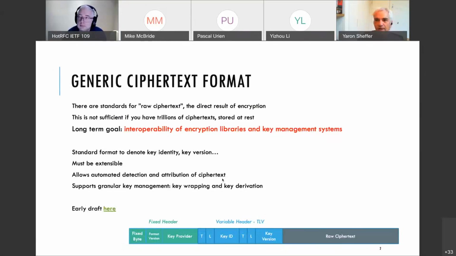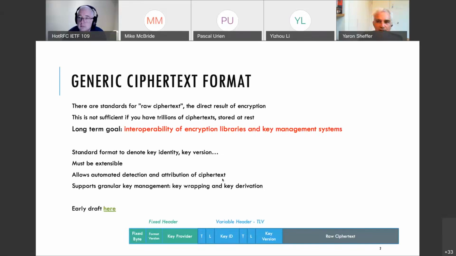You need something else, something extra, usually a set of headers prefixed to your raw ciphertext to determine where it's coming from. And surprisingly enough, there is no standard for this kind of metadata around encrypted data.